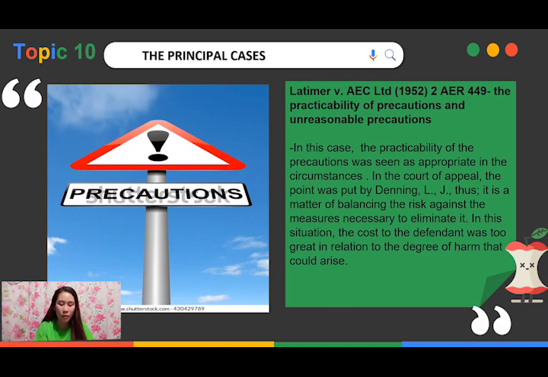In the Court of Appeal, the point was put by Denning L.J. Thus, it is a matter of balancing the risk against the measures necessary to eliminate it. In this situation, the cost to the defendant was too great in relation to the degree of harm that could occur. Have to balance the cost of taking precautions against the risk of injury.